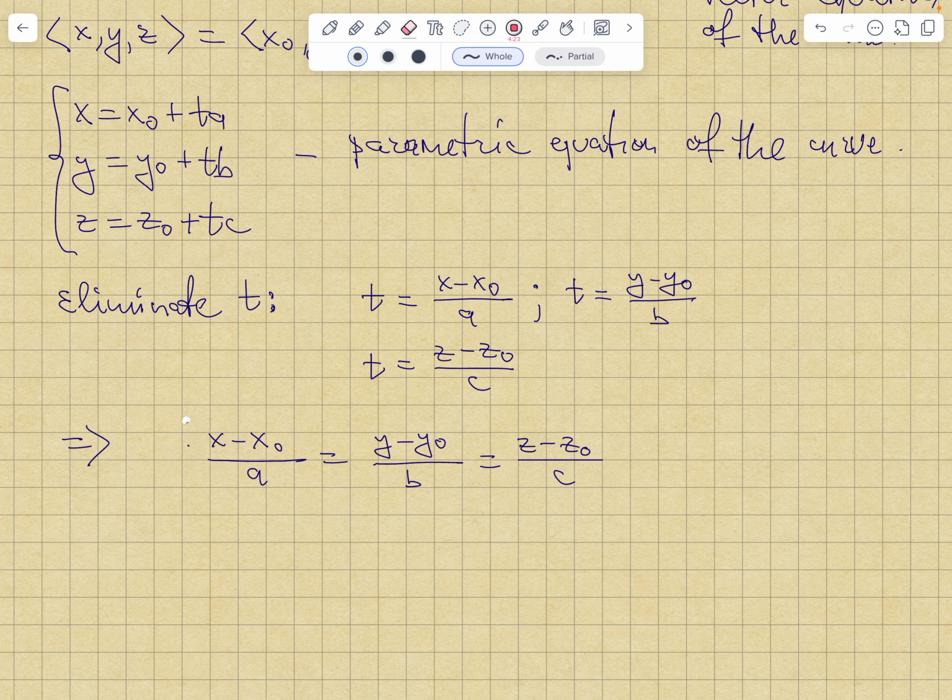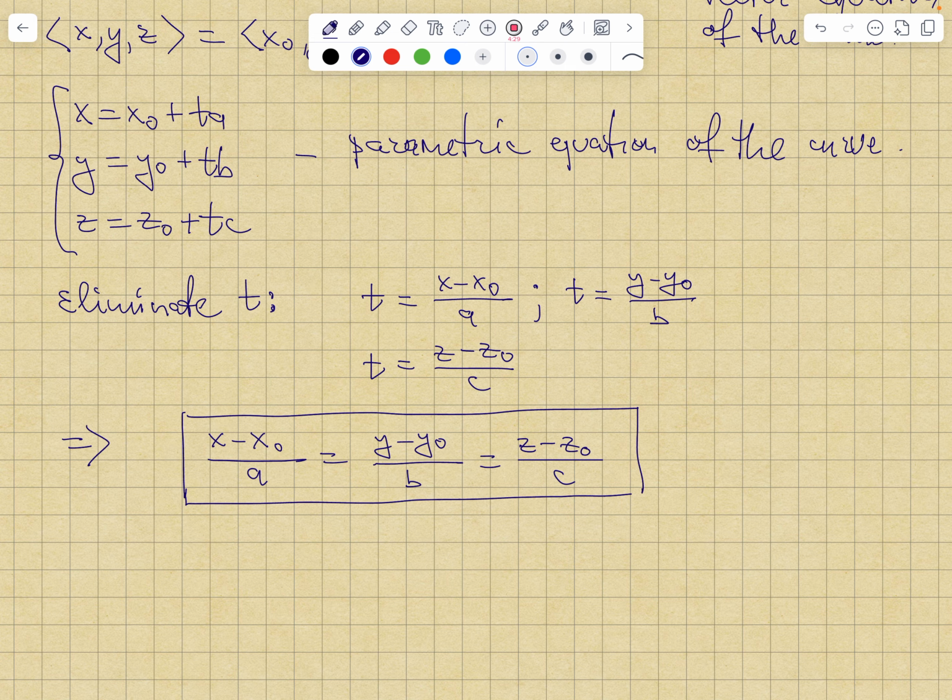This equation does not have a parameter present anymore. We eliminated it. That is now a symmetric equation of a line.